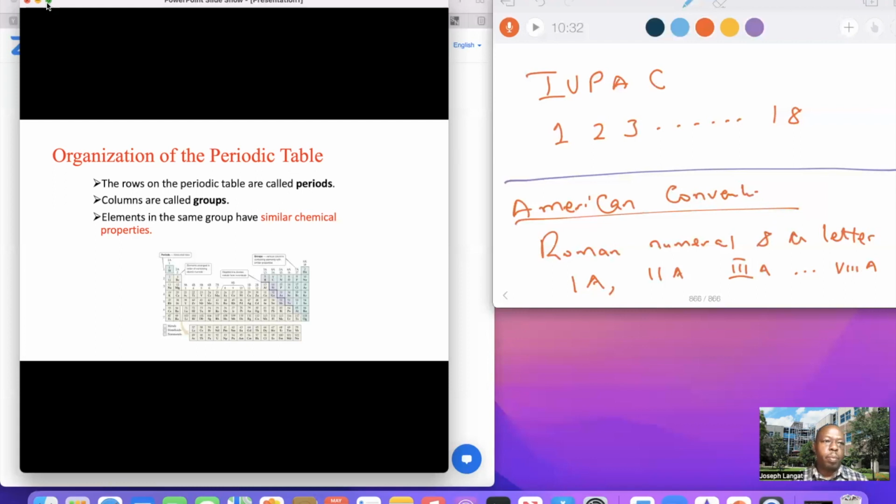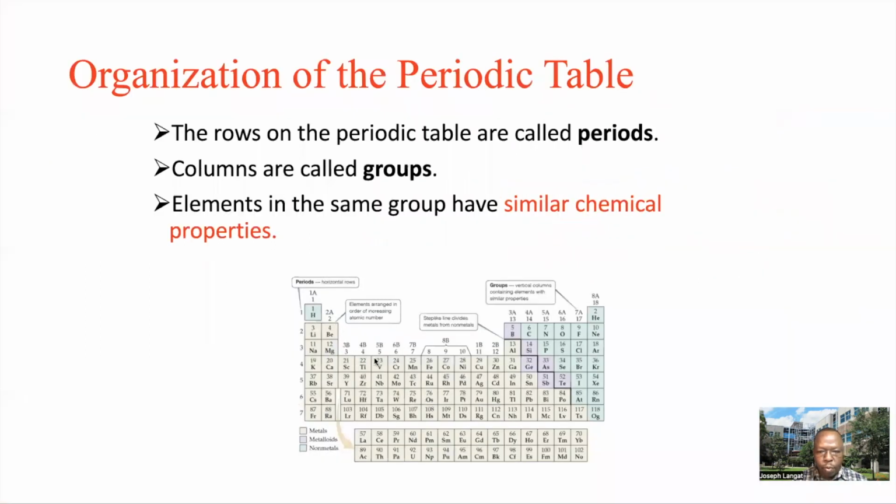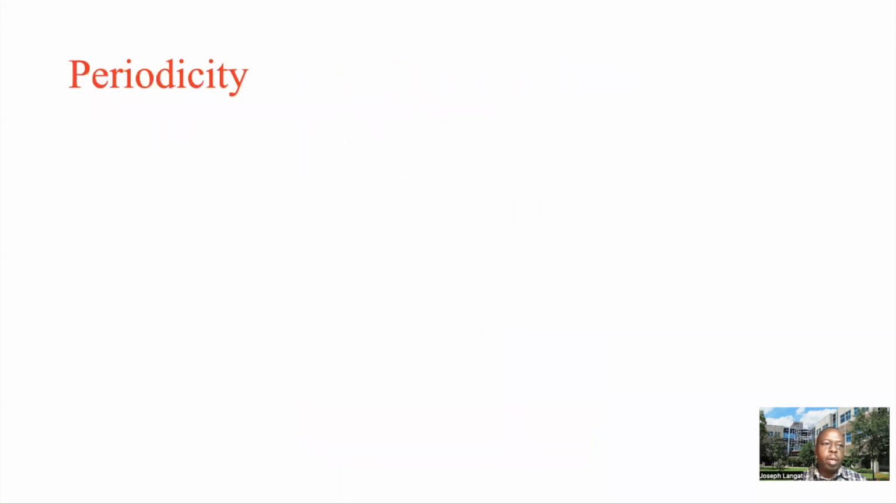We also have the B. So you have to know that there are two numbering systems. Here you see 1, 2, 3, 4, 5, 6, 7, all the way to 18 according to the IUPAC system. In the American convention, we use a number and a letter. There is the B, there is the A, there is the B and the A.